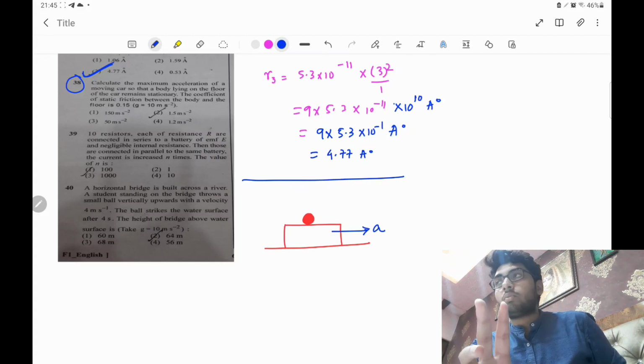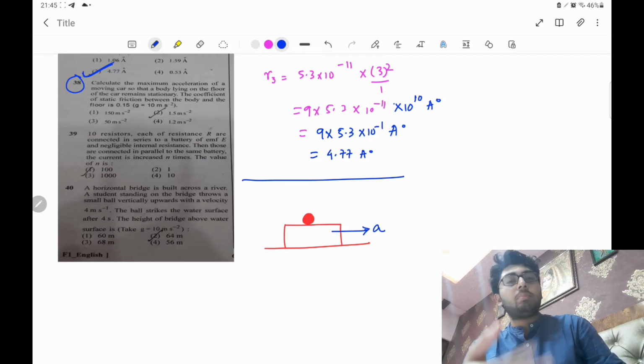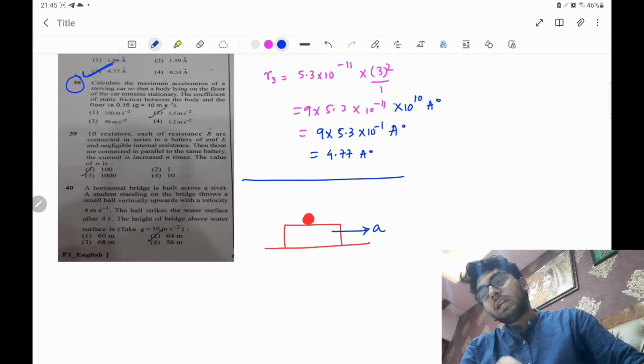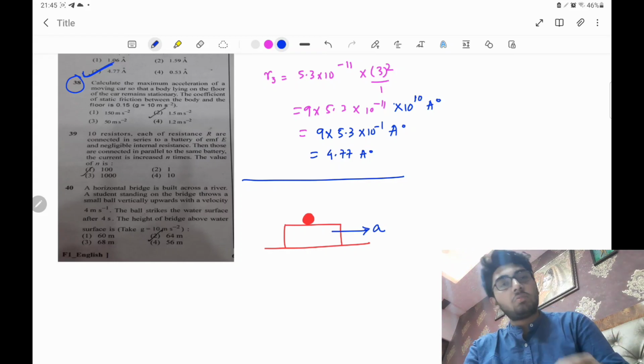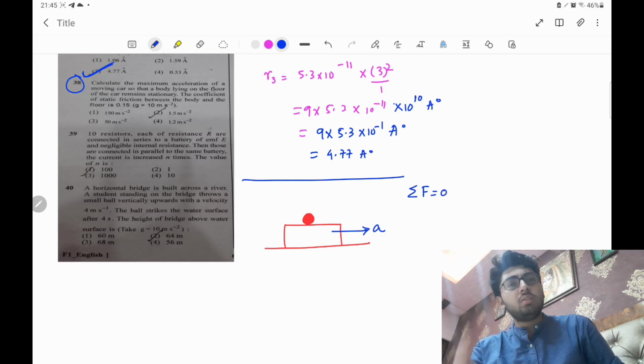Now, how can it remain stationary? We know that whenever a body is moving with acceleration a, it experiences a pseudo force, isn't it? So if the particle has to be stationary, then the total external force on that body has to be 0.